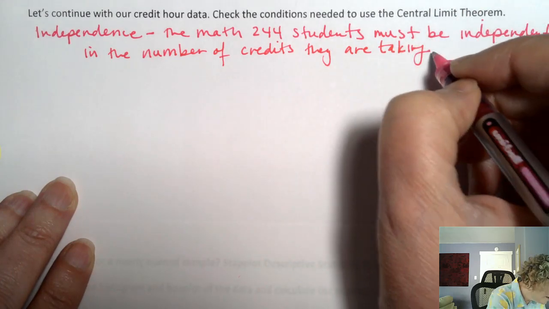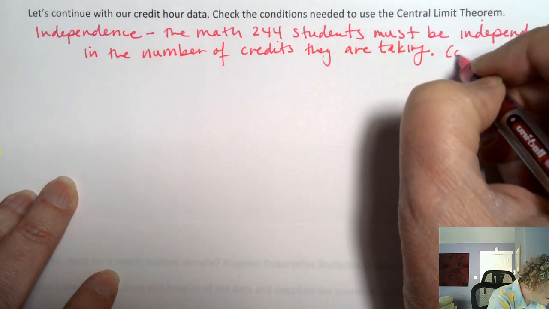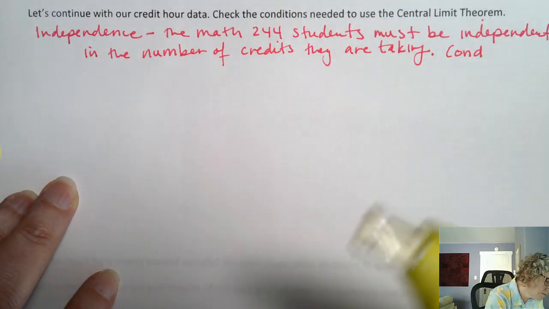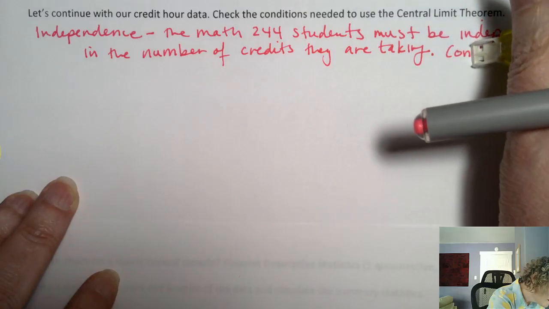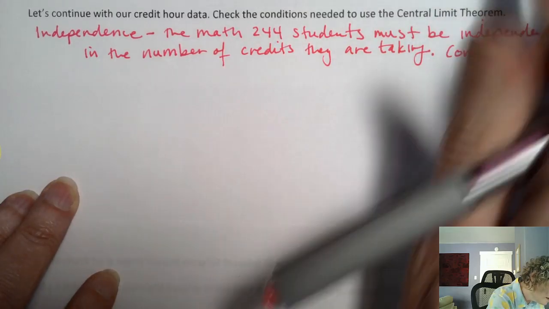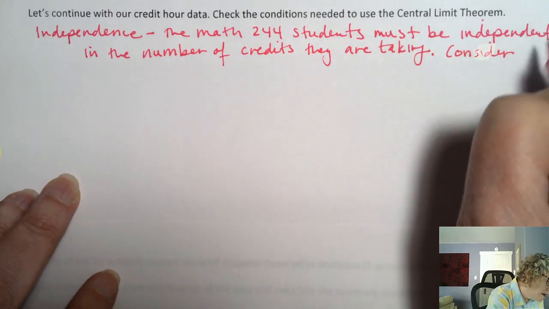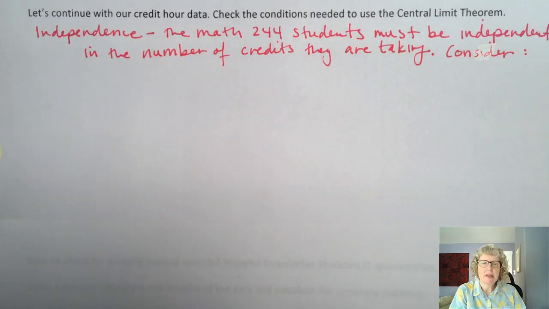Okay, so we need to think about what are some things to consider when we are taking a random sample. Let's say we really want to do a random sample. What are some things that might affect credit hours?